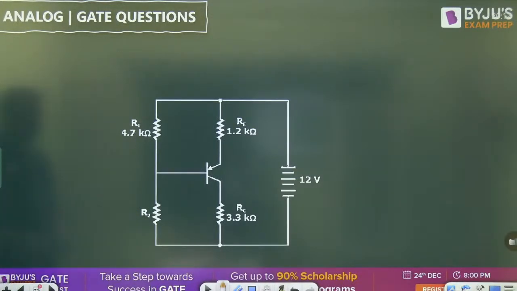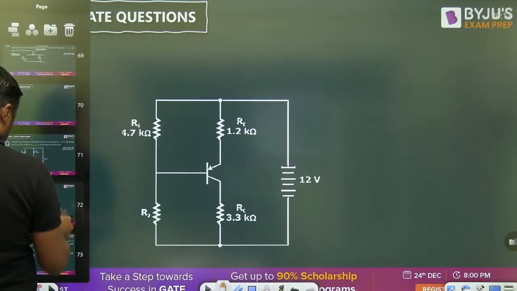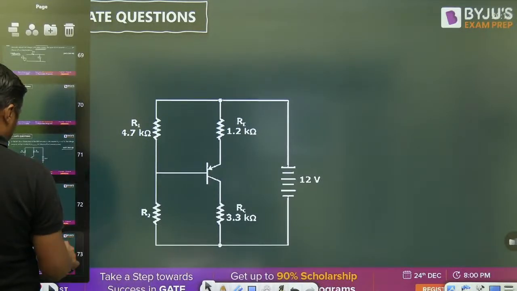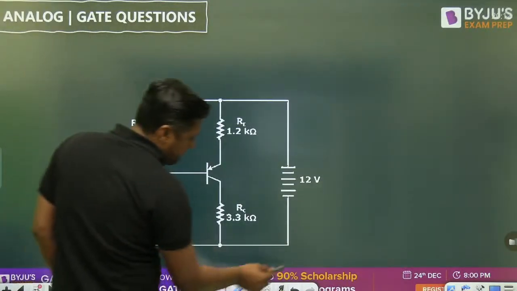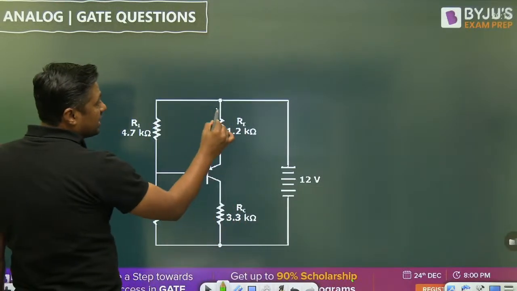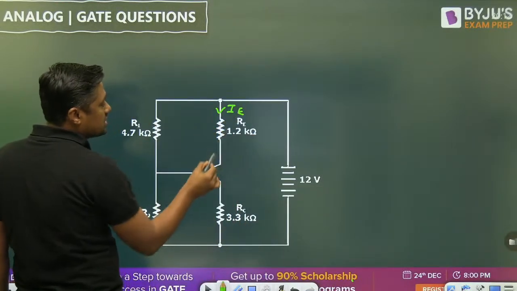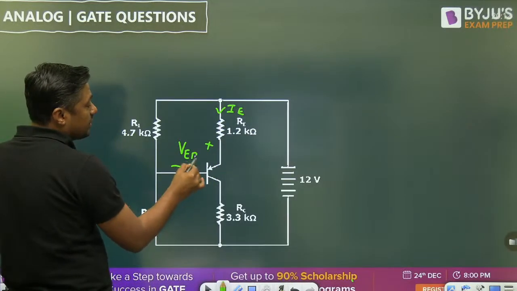Okay. Now, in this question, remember, this current is the emitter current. Why? Because this is the emitter terminal. From this point to this point, this voltage is called VEB.